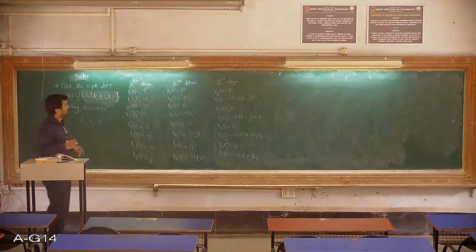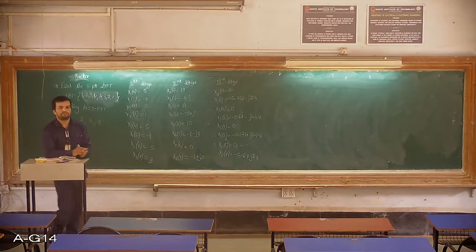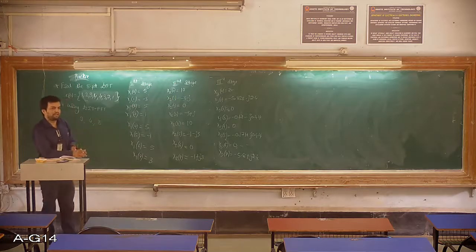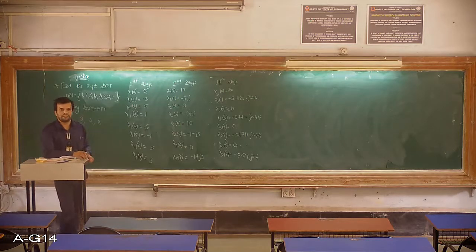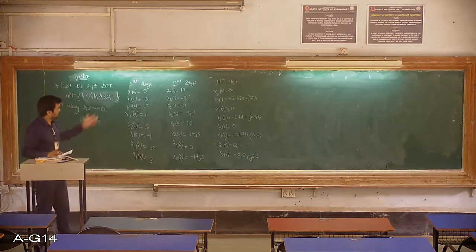Compute these values. In the next class, we'll discuss the DIF-FFT algorithm. It is also the same thing, but instead of 248, we are using the reverse way, that is 842. We'll discuss it in the next class. Just practice this one.